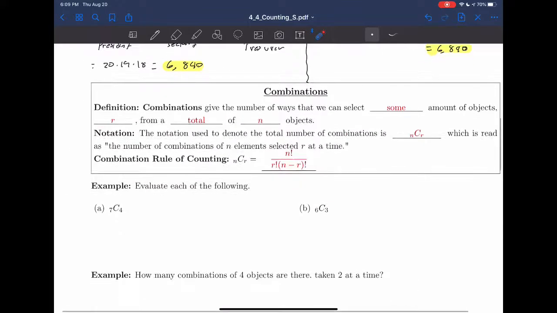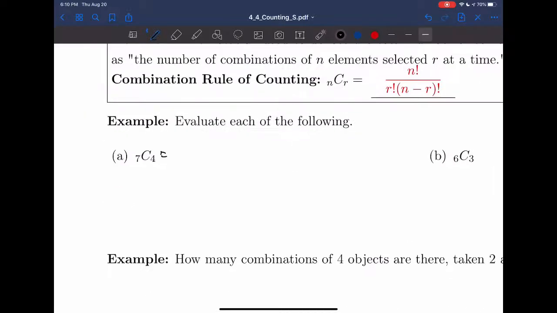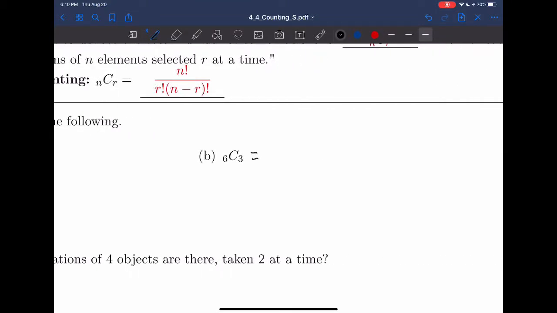So for example, let's compute some of the following. So here, 7 will be our n, and 4 will be our r. So if we plug into our formula, this should be 7 factorial over 4 factorial times 3 factorial, which is 35. And here, we do the same thing. But in this case, 6 is our n, and 3 is our r.